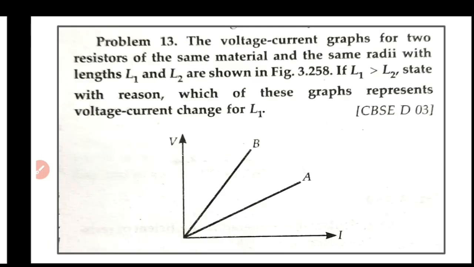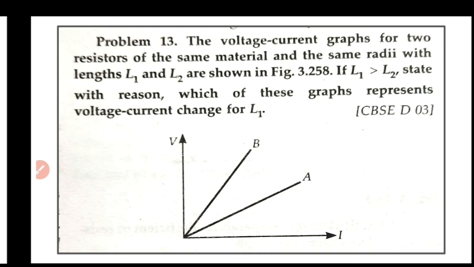Now another similar one. The voltage-current graphs for two resistors of the same material and same radii, with lengths L1 and L2, are shown in the figure. If L1 is greater than L2, state with reason which of these graphs represents the voltage-current change for L1.